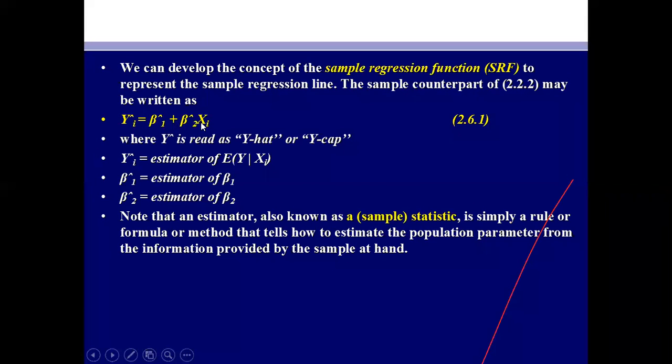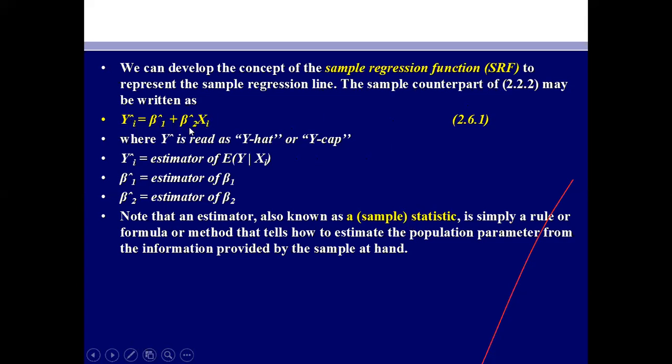So therefore, in our next discussions from this lecture onward, whenever I am talking about the estimated regression model or estimated econometric model, actually I'll be talking about the corresponding SRF, right? So I may not always be using the word SRF, but from this lecture onward, it should be very clear to all of you that the estimated regression model that we use in real life is basically the SRF that we are talking about.